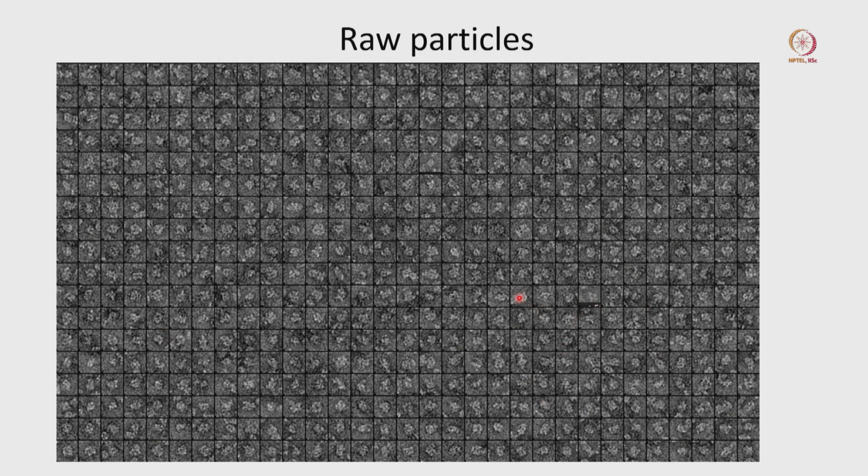These are our individual protein molecules, right, and they have different orientation angles. So we want to calculate the x and y translation and the rotational angle, and then calculate 2D averages of all of these particles. First we have to align them, and as I mentioned, we have to calculate the cross correlation value.